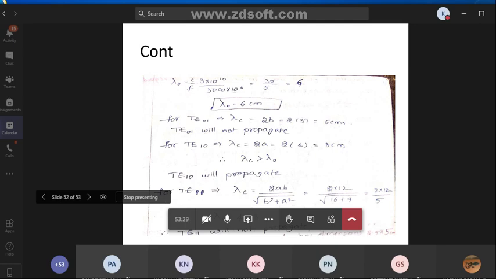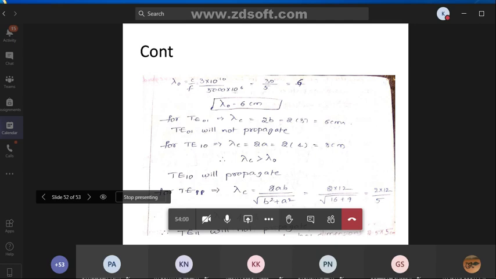Then TE10 will propagate, but TE01 will not propagate, as the condition is not satisfied. So for TE10, lambda c is 8 centimeters and lambda naught equals 6 centimeters, so this condition is satisfied and TE10 propagates.